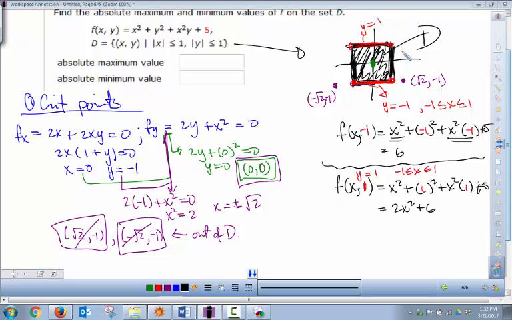So this is the function that we're looking at described by that boundary. And what we want to do is find the max and mins of that boundary between -1 and 1. So what we could do is just graph it to take a look at it, or we can do more calculus and find the first derivative, set it equal to 0 and so on.